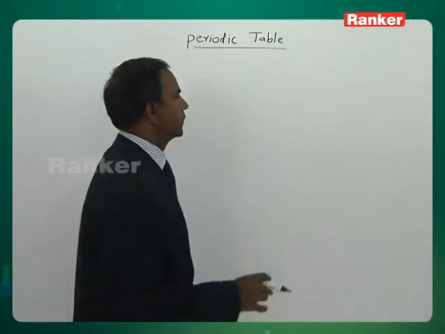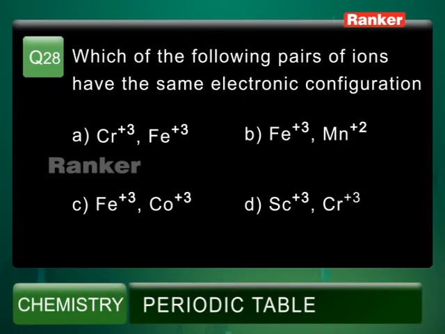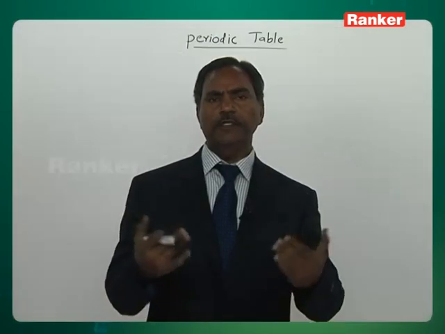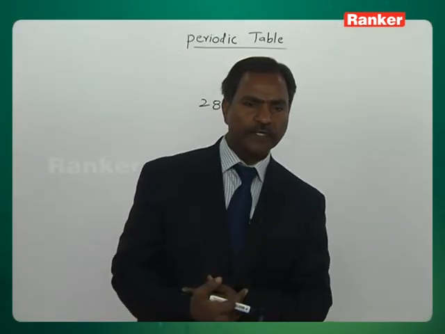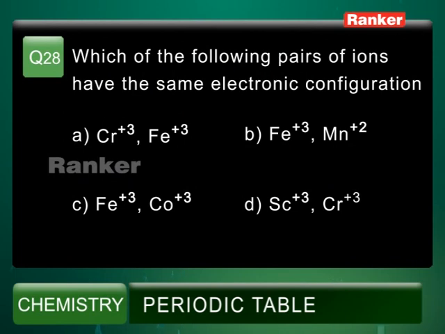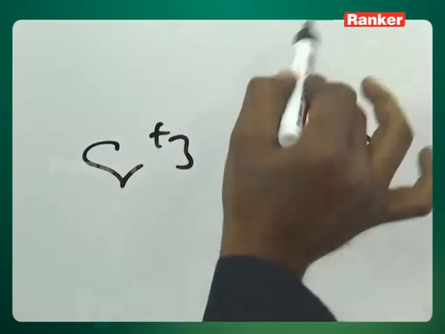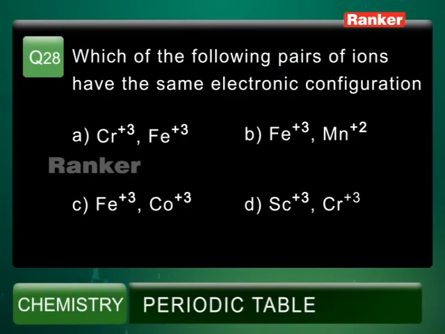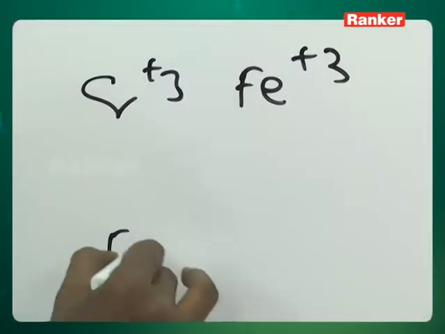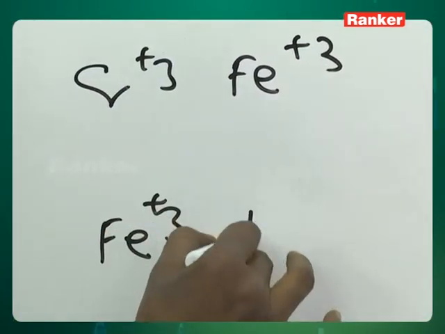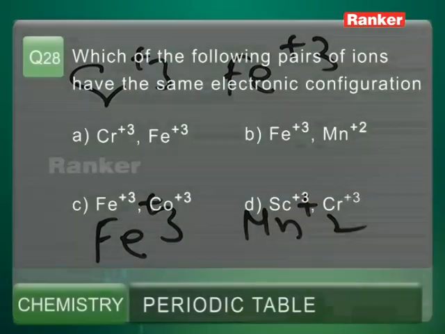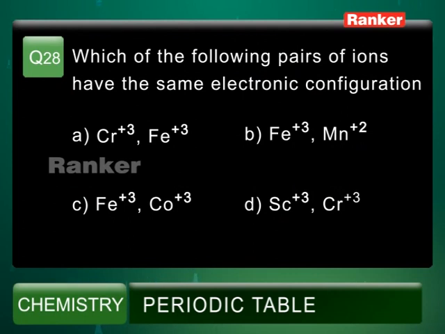Question number 28. Which of the following pairs of ions have the same electronic configuration? Means isoelectronic. Let us see the options. A is chromium plus 3, Fe plus 3. Option B is Fe plus 3, Mn plus 2. Option C, Fe plus 3, cobalt plus 3.